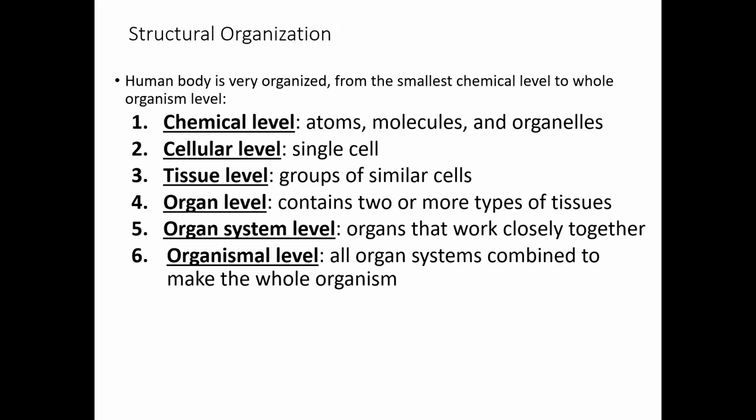The heart is muscle tissue and connective tissue that surrounds it. So you have at least two different types there. The liver. You have different types of cells in the liver, different types of tissues in here.